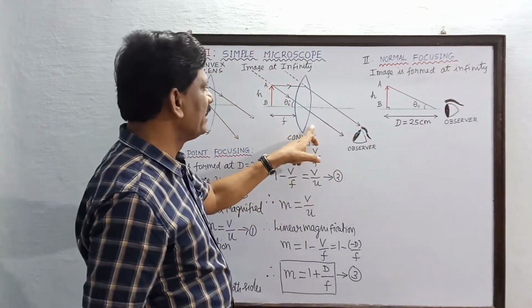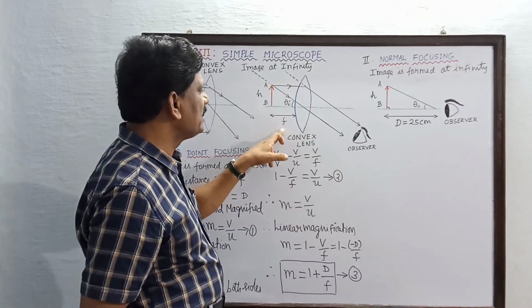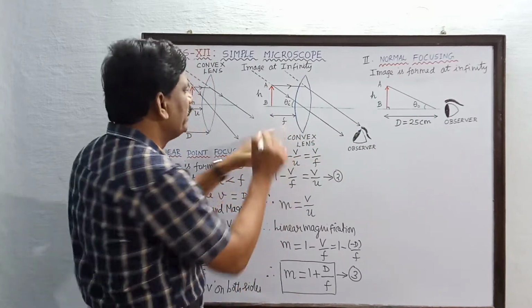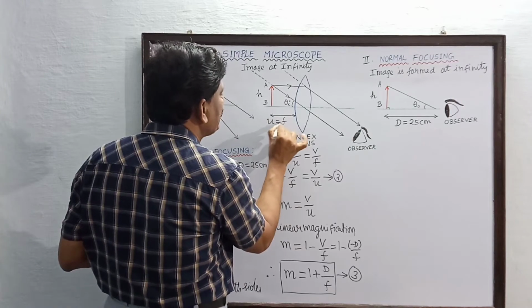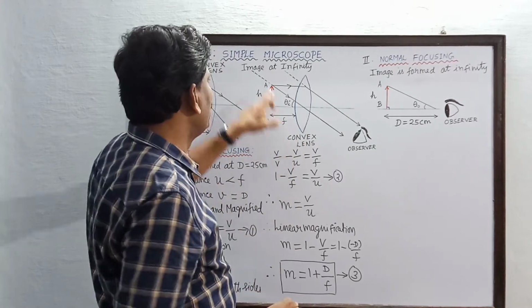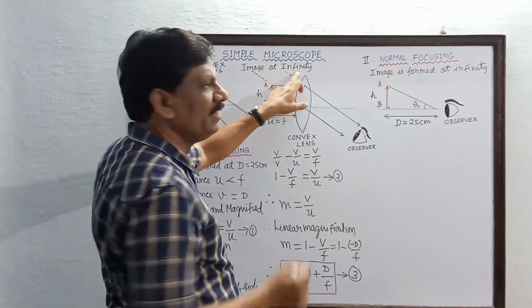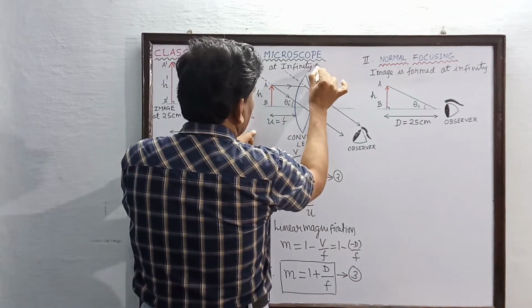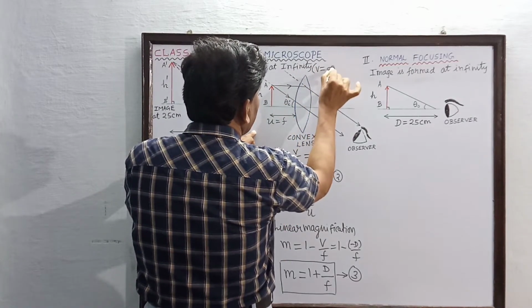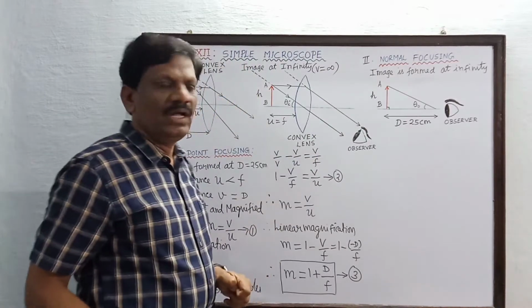So, we can look at this lens. The object is placed at f. So, here the object distance u is equal to f. And you see the image is formed at infinity. So, here v is equal to infinity. Okay.